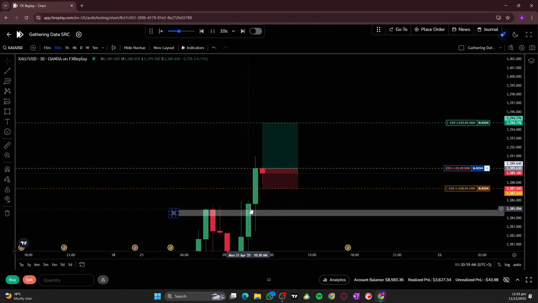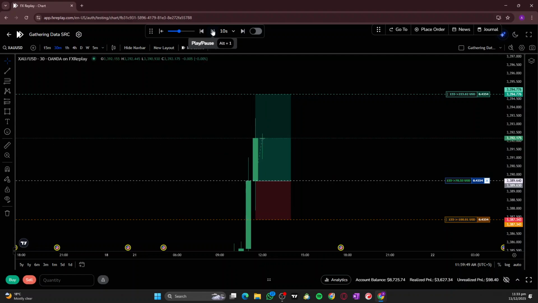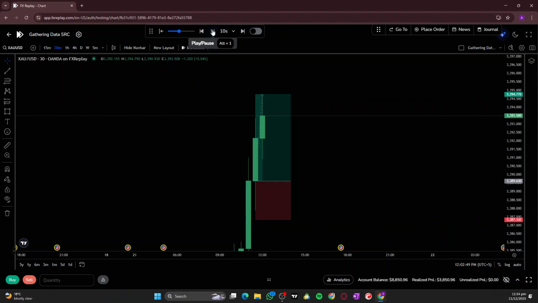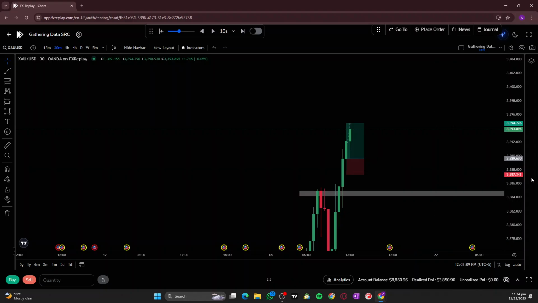To be really honest, I would have taken a buy on this candle. I would have, to be really honest, taken a buy on this trade, on this candle.